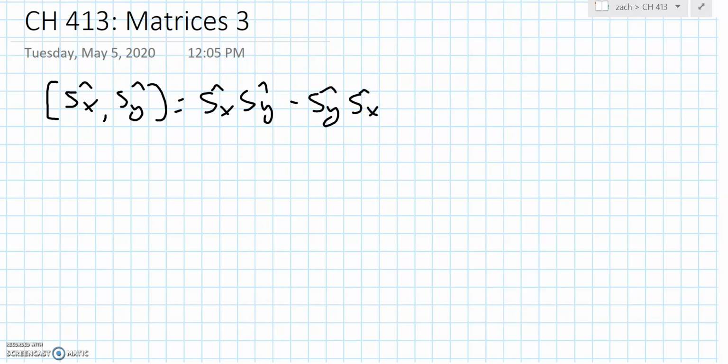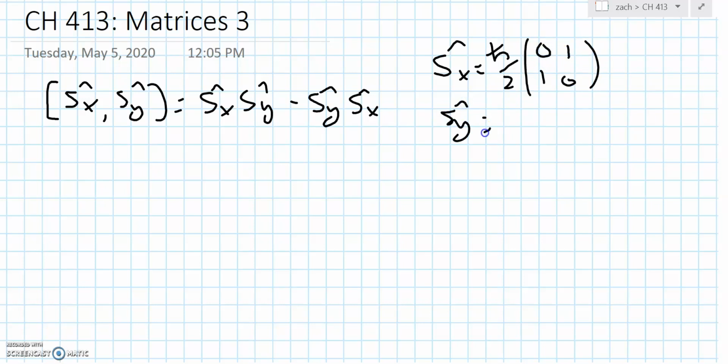You might remember that SX is equal to H bar over 2 times the matrix 0, 1, 1, 0. And SY looks like H bar over 2 times the matrix 0, minus I, I, 0.